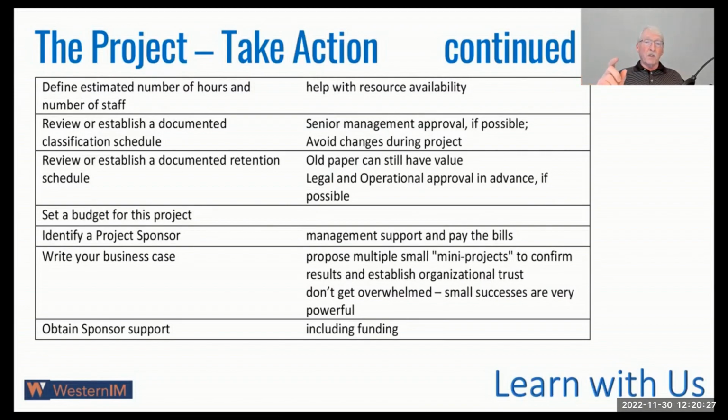Once you've got the project sponsor, you're going to want to write your business case. Make sure you've got that notched out into smaller, bite-sized projects you can do to get everybody tuned up and your team running smoothly, so that you're all ready to go when you're in the project. And obtain your sponsor support, including your funding, right? You need your funding before you can go forward.